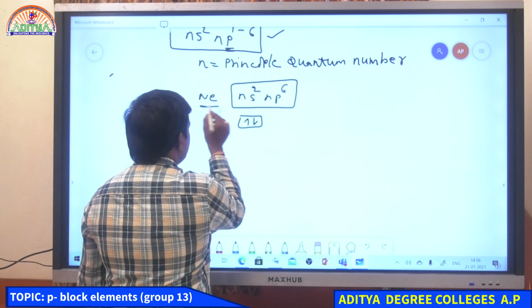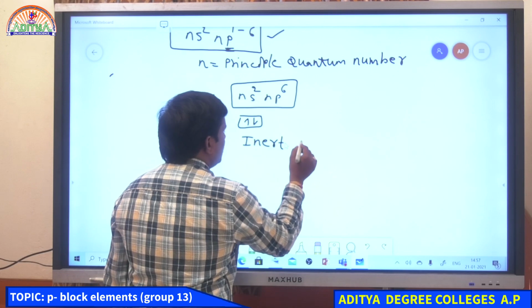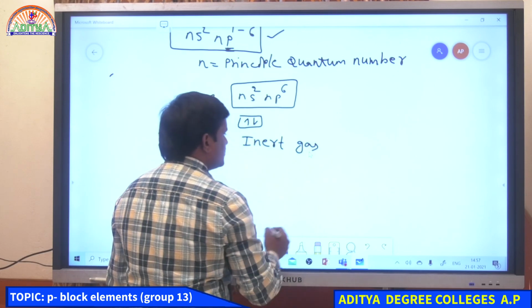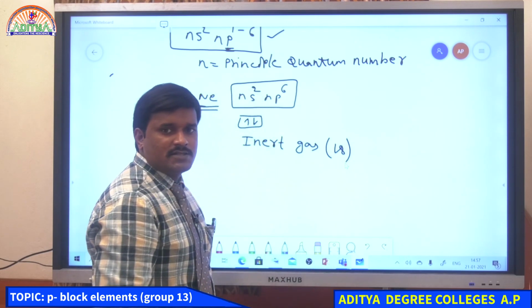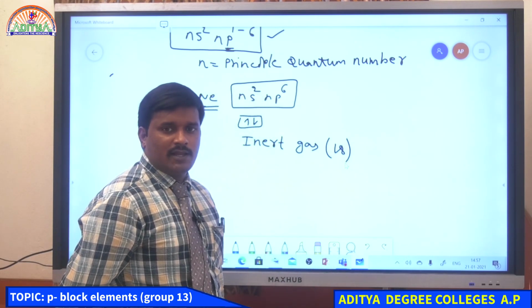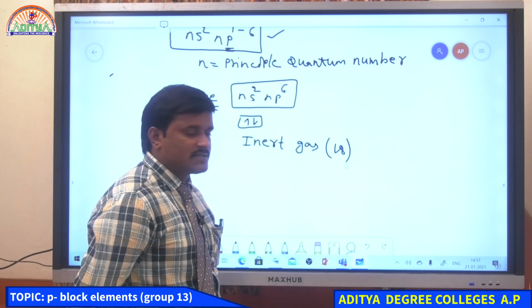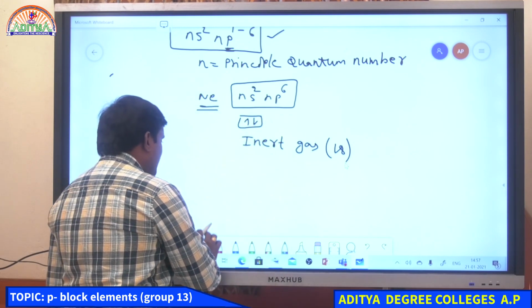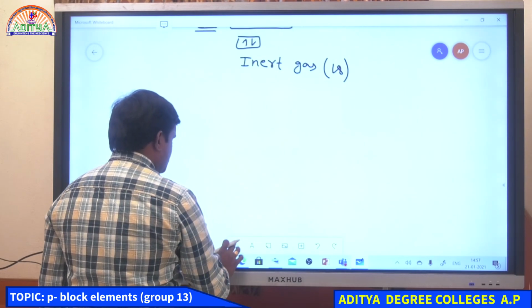Therefore neon is known as inert gas. This is an inert gas, that is 18th group element. In remaining elements there is at least one empty p orbital, and these are all having similar properties. And now explanation for first group, that is 13th group elements.